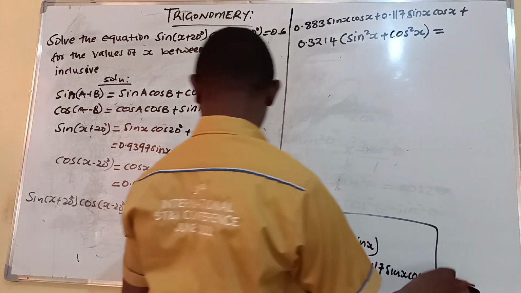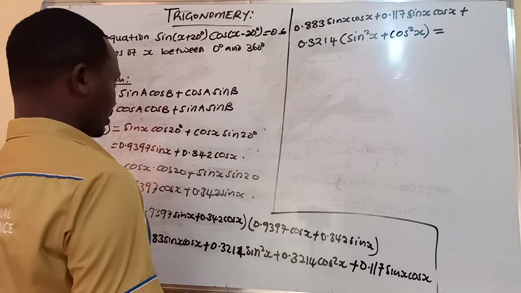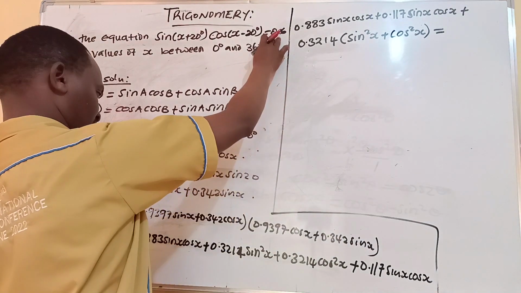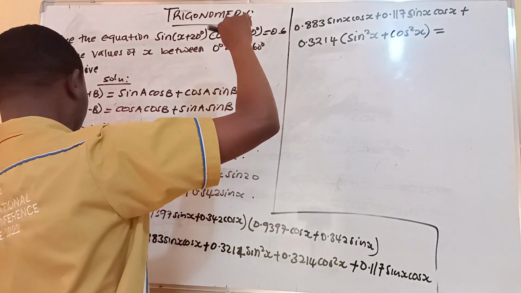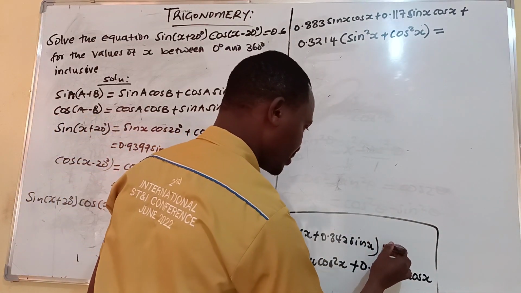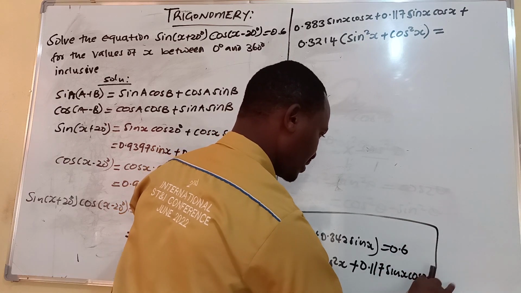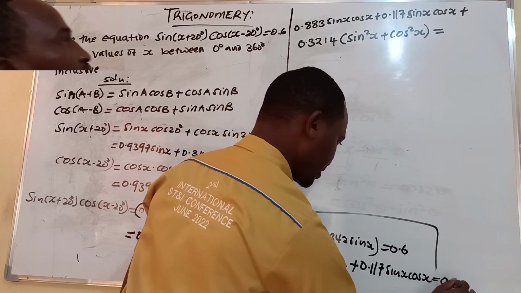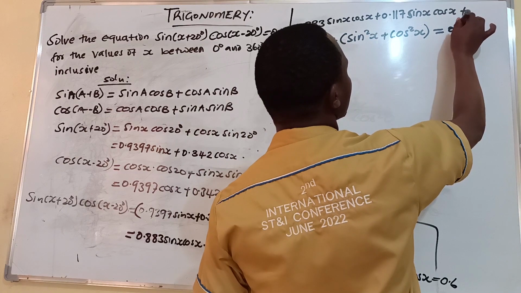This is finally supposed to be equated to 0.6.